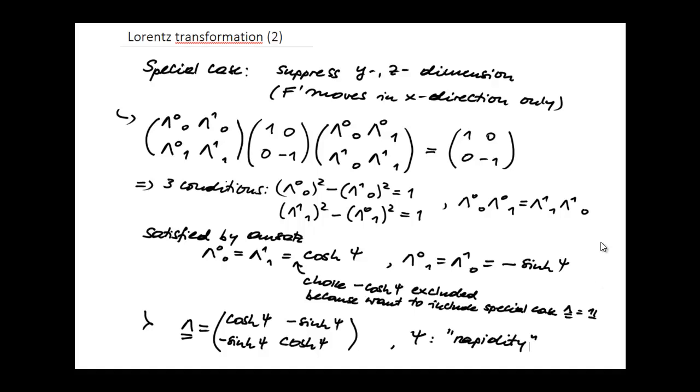Before I come back to the issue of rapidity, let me consider how the basis vectors in space-time transform. What we've looked at now is the transformation of components of 4-vectors. Next, I would like to consider the transformation of basis vectors, in other words, of the 4-basis, the basis in space-time.